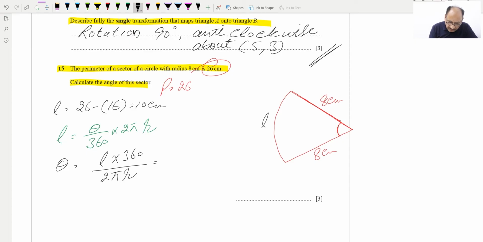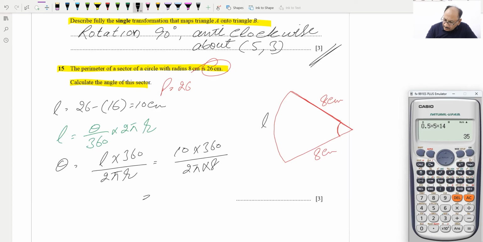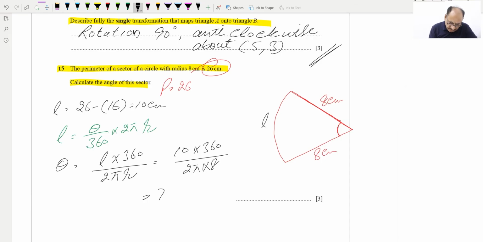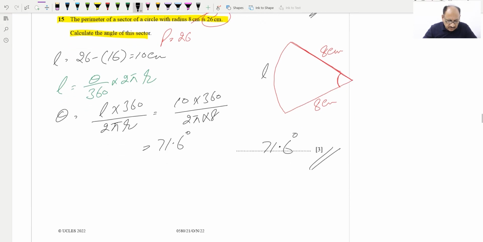Now we can replace the values: L is 10, into 360, divided by 2 pi, and radius r is 8. So this is giving us 71.6 degrees. This is a 3 marks easy question which we have done.